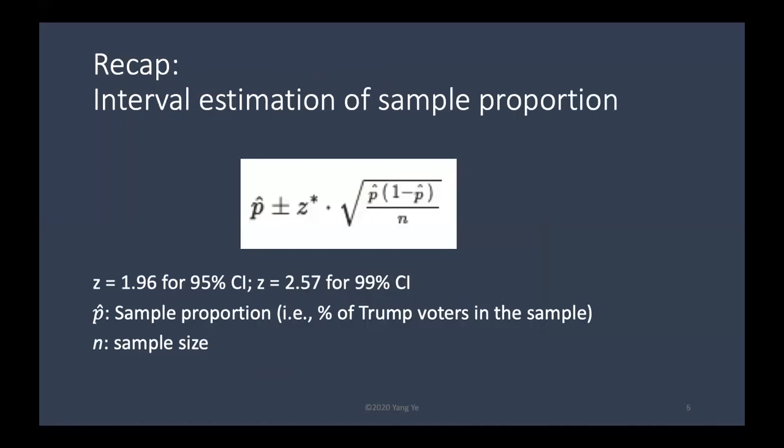We talked about how this works for sample proportion. Sample proportion is a special case of sample means using data. The proportion is a percentage from 0 to 1. In this case, the standard error is estimated using the sample proportion and sample size.